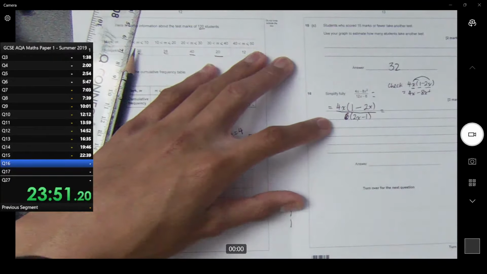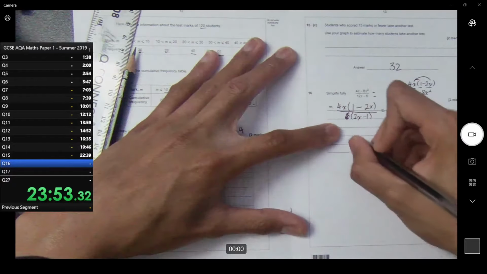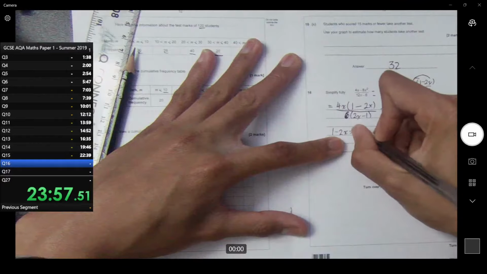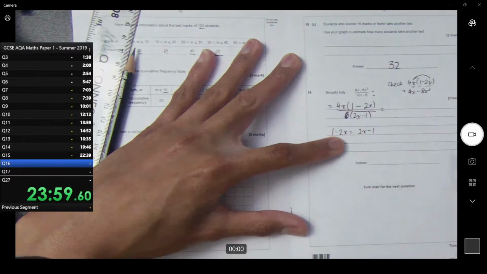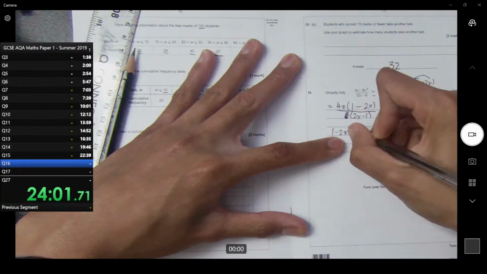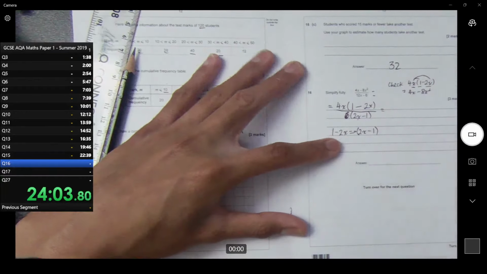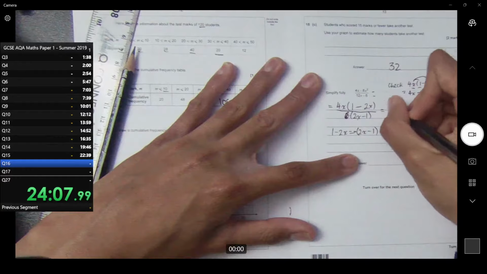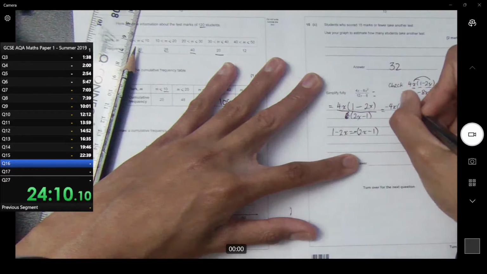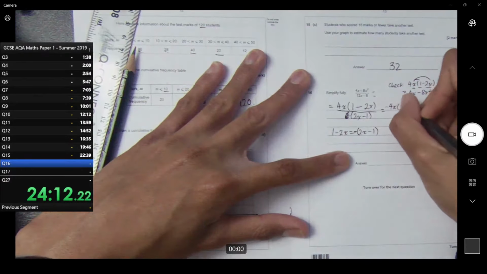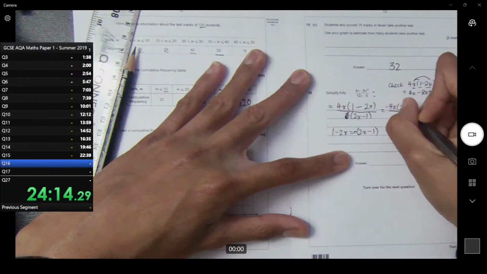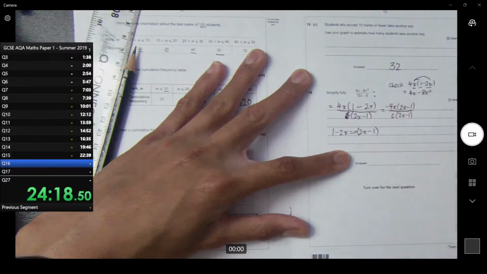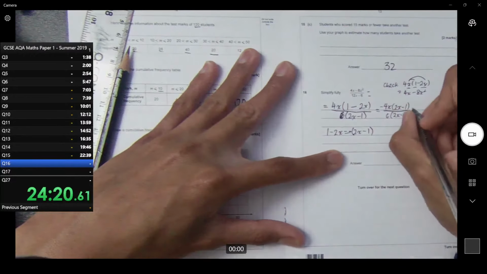Now it looks almost similar, but to switch an expression around like this, we have to put a negative here. So we get the negative at the start, and 2x minus 1. And then on the bottom, 6 times 2x minus 1. So okay, these two brackets cancel out.